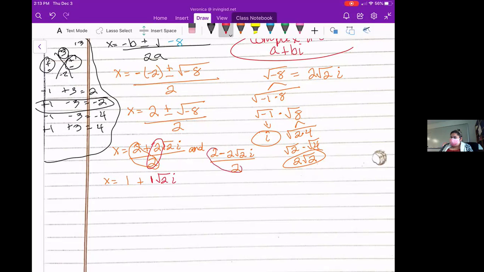Same thing here. So you're going to have x equals 1 minus square root of 2i. Right? Because I guess you could put the 1, but you don't need the 1 anymore. There we go.